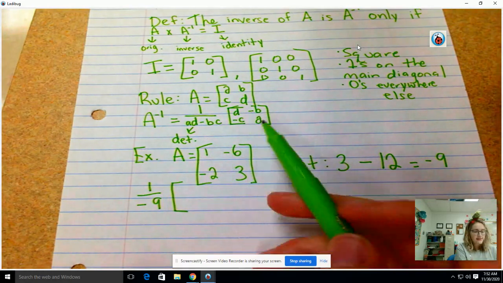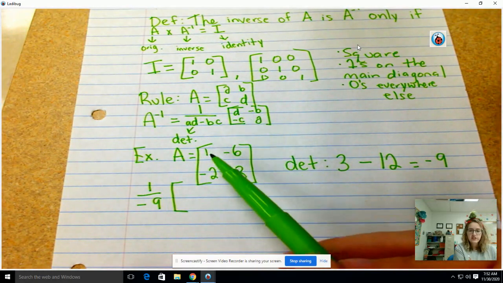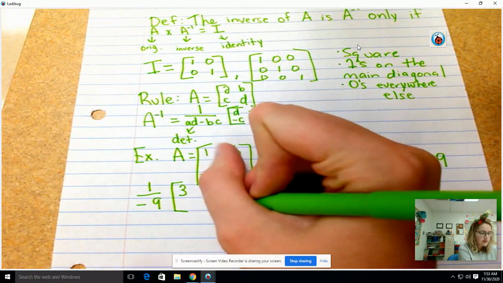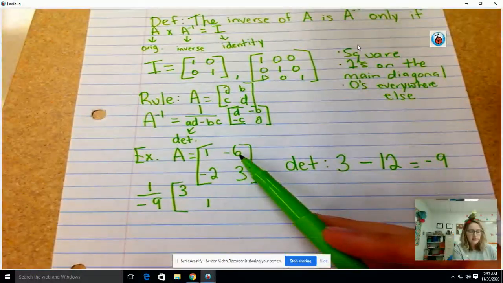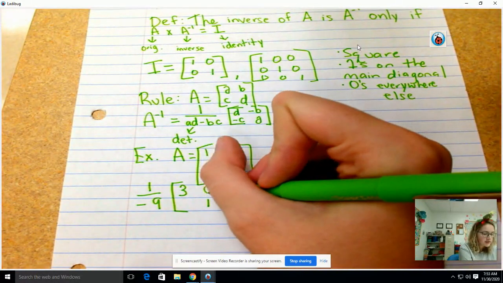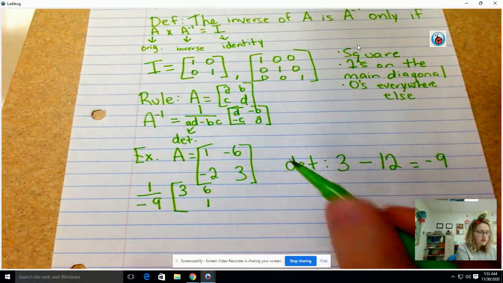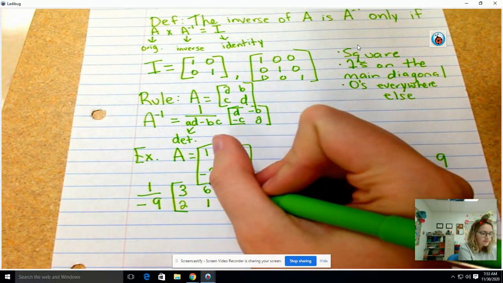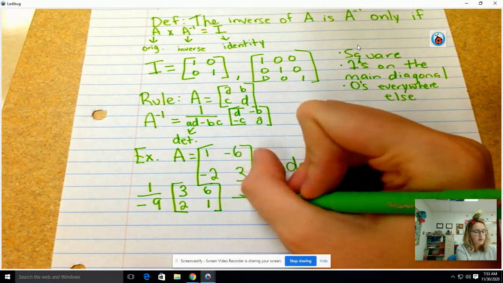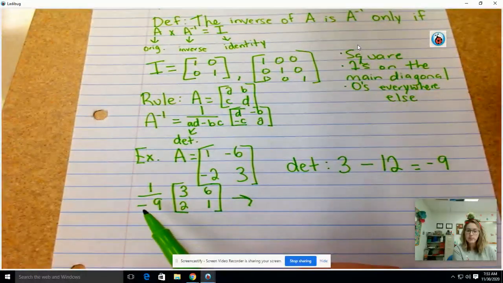Times, and then I have to put it into this format. So I'm going to switch the places of my A and my D. So this is going to be 3 up here and 1 down here. And I'm going to change the signs of my B and my C. So a negative 6 becomes a positive 6, and a negative 2 becomes a positive 2. And then I'm just going to scalar multiply this negative 1/9 in.